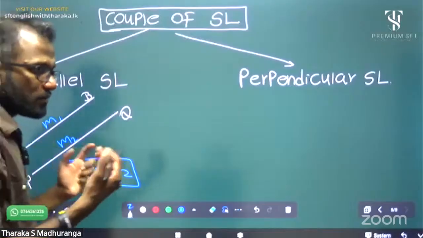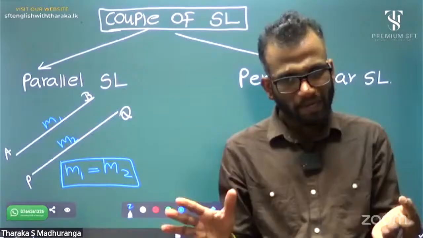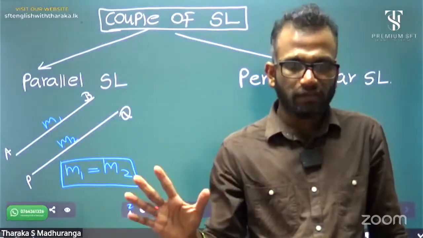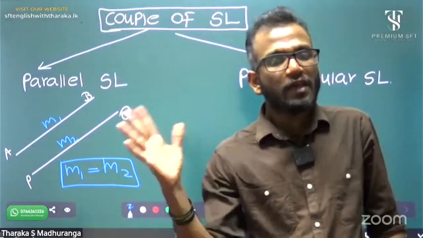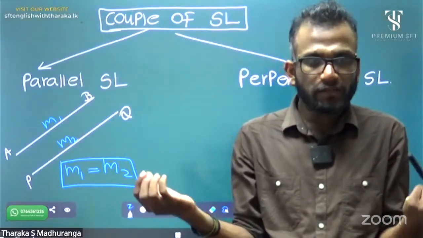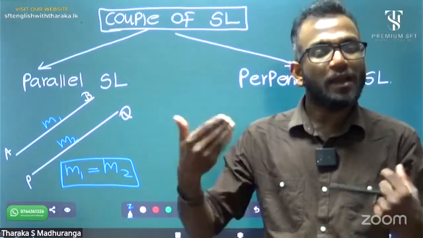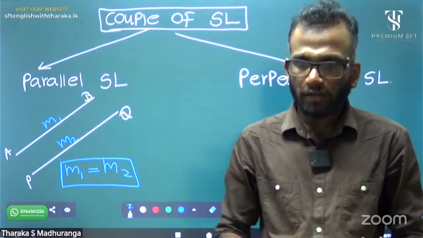That's one side. If two straight lines are parallel, their gradients are equal. On the other side, we can say the same thing: if any two straight lines have equal gradients, we can decide they are parallel. Understood?